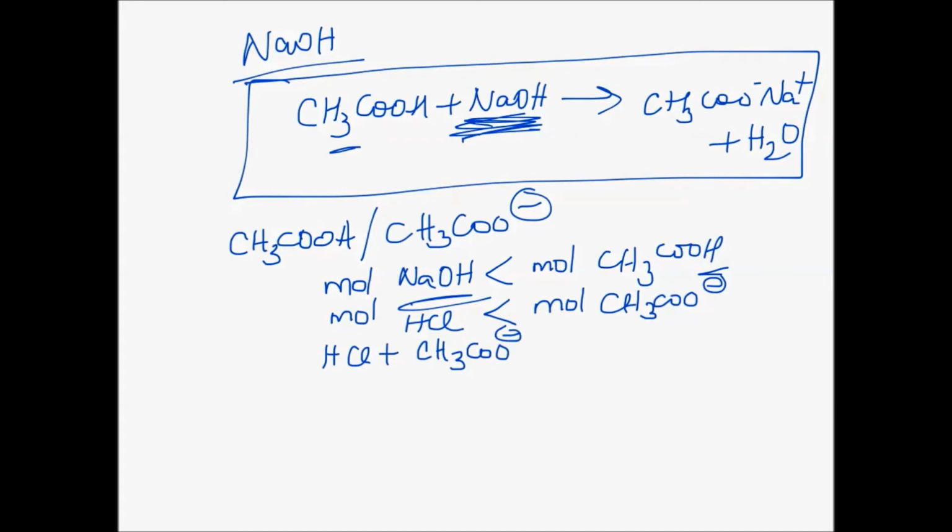So the sodium acetate will become NaCl in that case. Realize that as long as the number of moles being added are less than the moles or the concentration of the acid part and the base part of the buffer, we would be able to resist pH change. That means whatever change occurs, it's going to be minimal. That's why we say the resistance in the pH will occur.